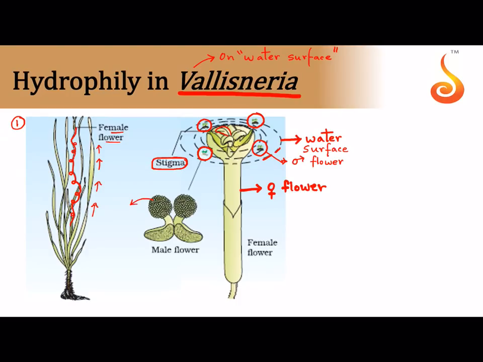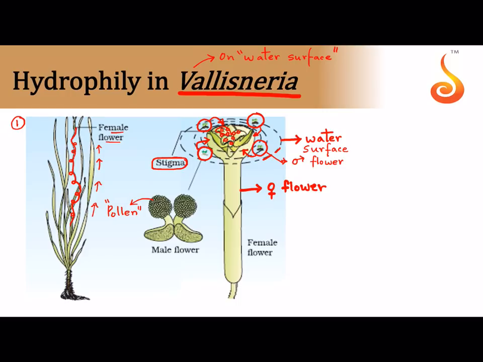And see, the male flower is carrying enormous amount of what? Enormous amount of pollen. Then you can imagine, when the male flower comes and collides with the female flower, the water current will allow the male flower to collide with the female flower. You can imagine what gets deposited onto the stigma. The pollen gets deposited onto the stigma.